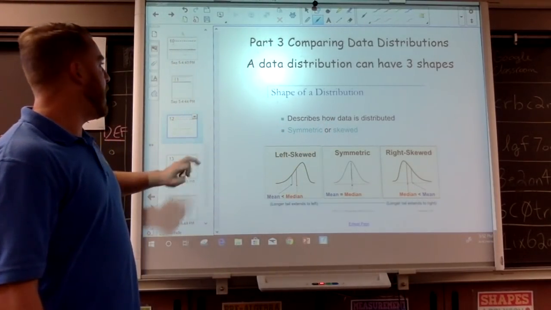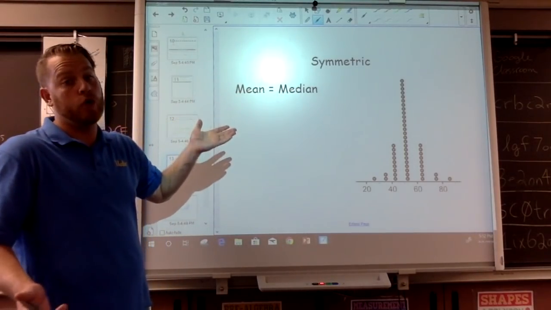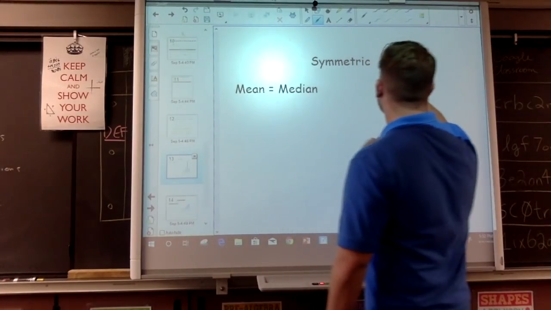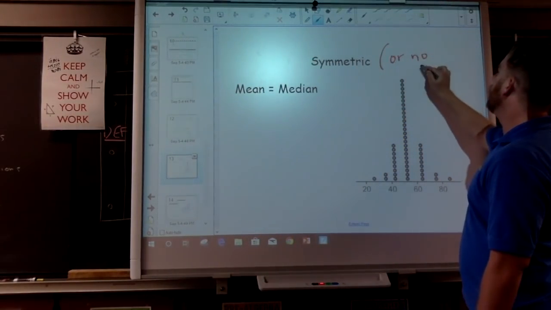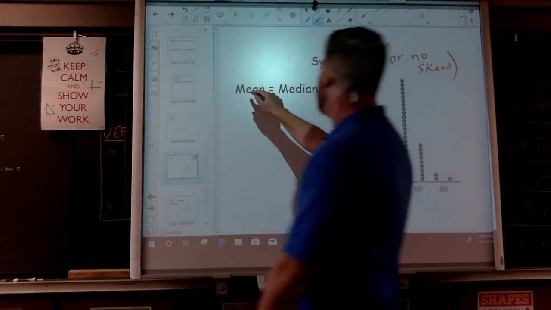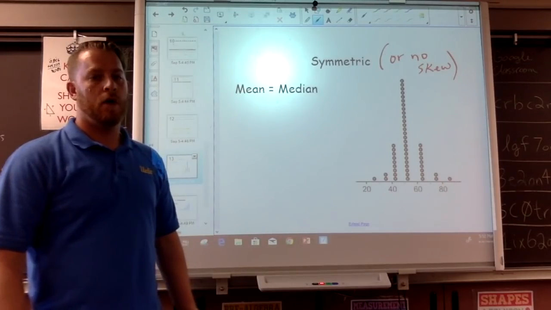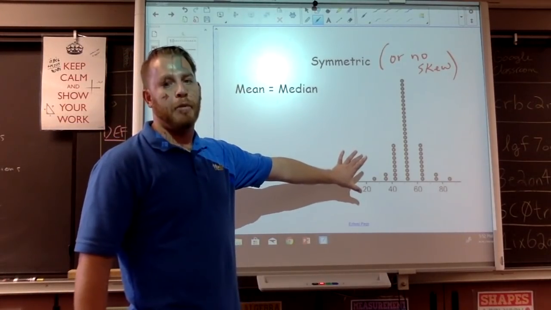So let's talk about the first type, symmetric. Symmetric, or no skew, happens when the mean and the median are the same numbers.